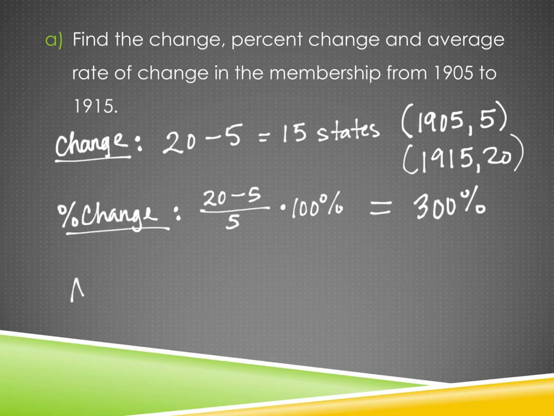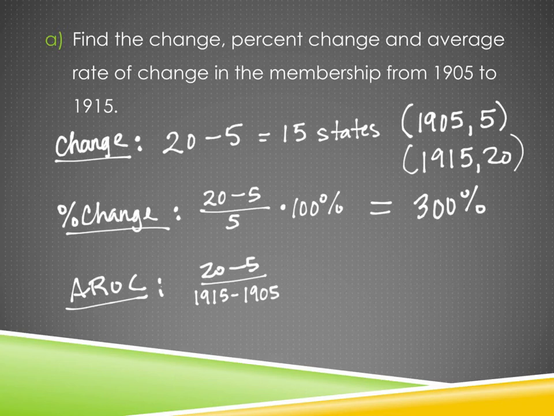All right, the last one, average rate of change. Same numerator, 20 minus 5. Your denominator is what? 15 minus 5. Okay, so either 1915 minus 1905 or 15 minus 5 if you're using just the last 2 digits. Either way, it's a 10-year time span.